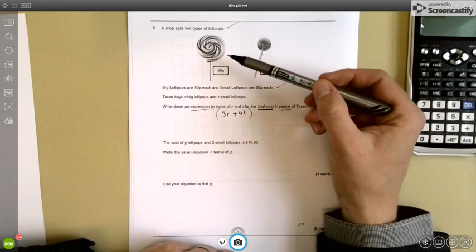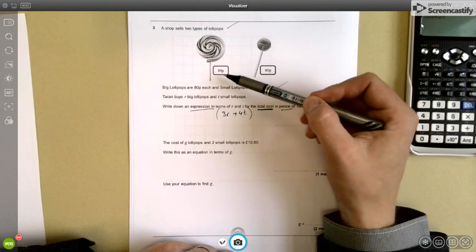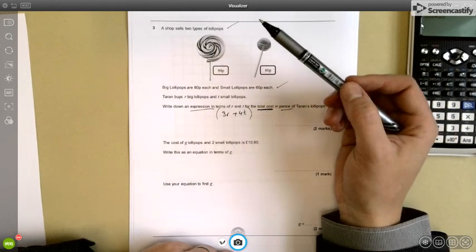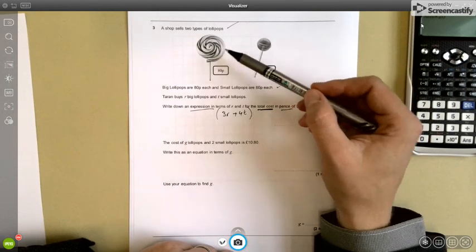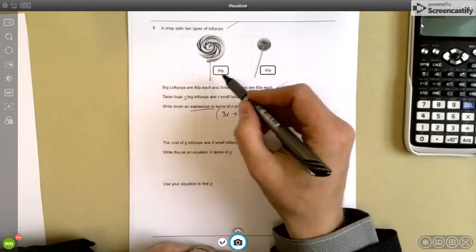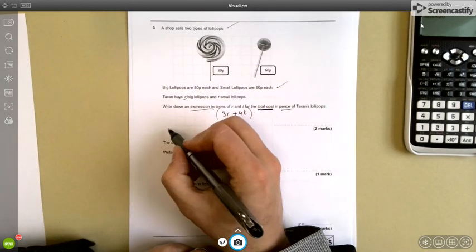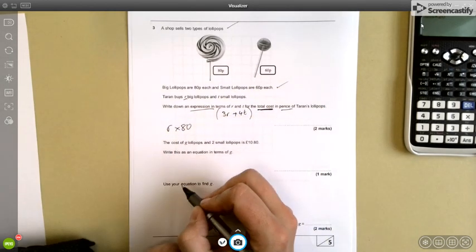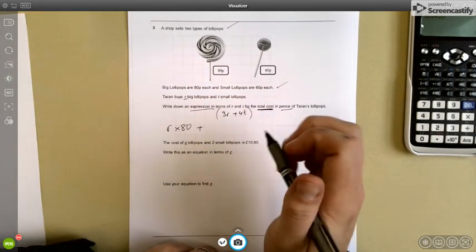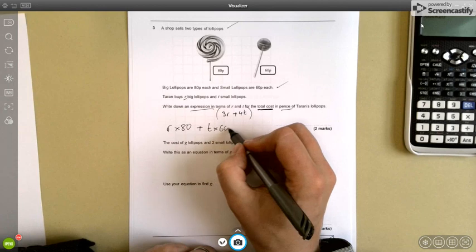Let's have a think. If I bought 2 big lollipops, it would be 2 times 80 pence. If I bought 5 big lollipops, it would be 5 times 80 pence. If I buy R big lollipops, it would be R times 80. So we've got R times 80p, and if I'm adding up the cost of the other lollipop as well, I'd have T times 60.